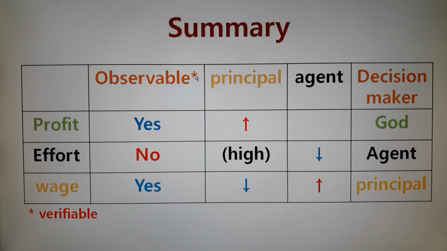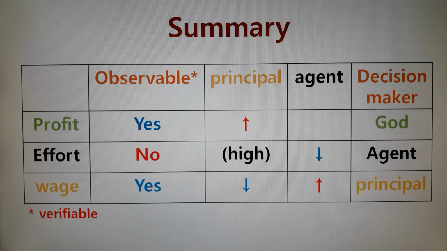I put a star here at observable because what is actually more important than observability is verifiability. Why am I talking about observable and verifiable? I may say to my part-time worker or my TA, the students studied very hard, so I'm going to pay you a higher scholarship. But my TA would say, Professor, what do you mean by students studying harder?